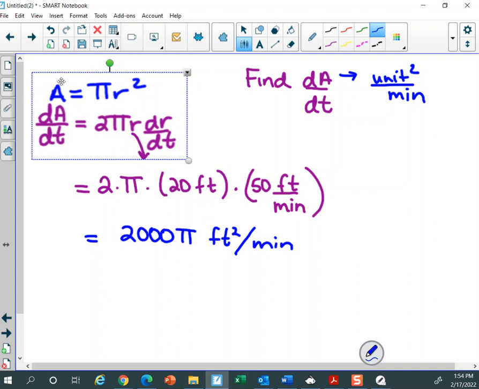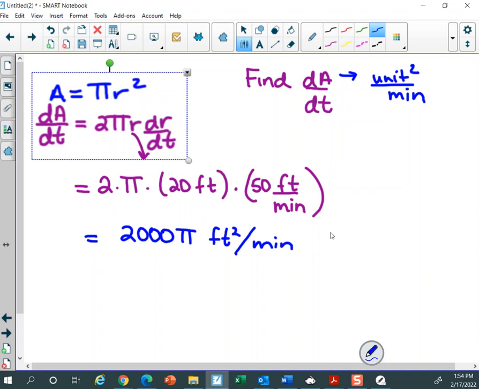We're not always going to be looking for this rate. We might have been told the rate of change of the area and asked to find the rate of change of the radius. And so once I took the derivative, it just would have been a difference of putting something here. This would have been what was missing, and then work backwards. Okay.